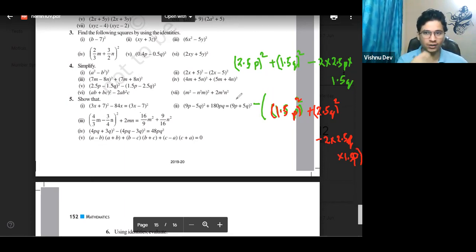What is 2.5 whole square? 2.5 into 2.5, 6.25, correct. 6.25 p square plus 1.5 whole square is 2.25 q square. Minus 2 into 2.5, 5, 5 into 1.5, 7.5.